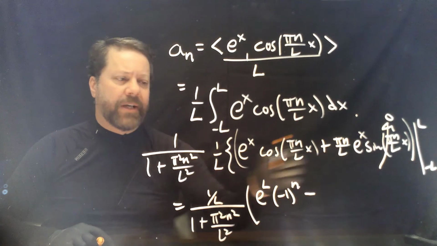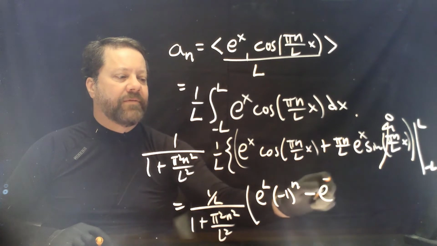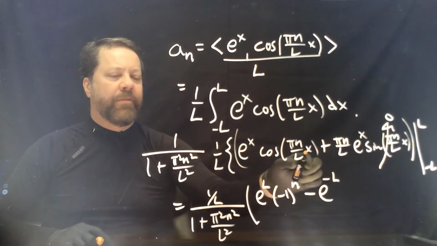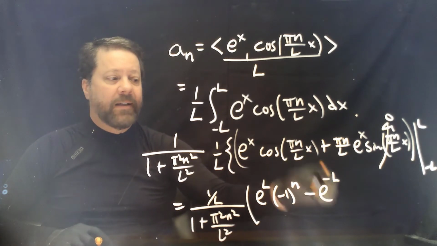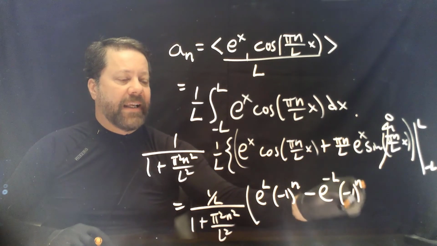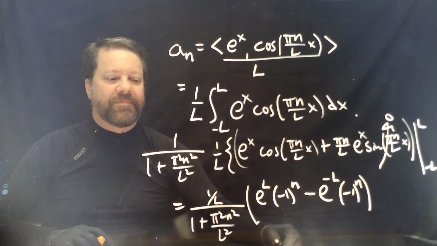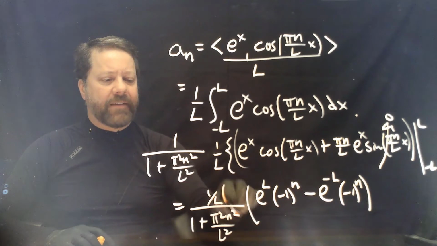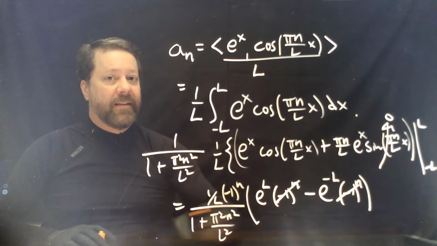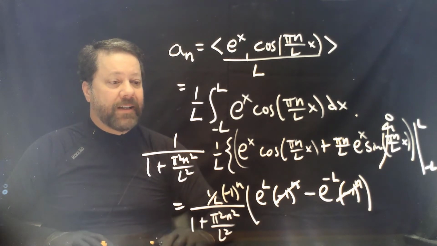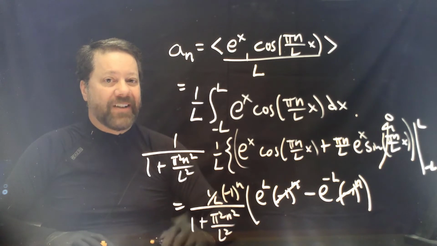We subtract what you get when you plug in negative L. If you plug in negative L for the cosine, the negative will go away, and you'll end up with negative 1 to the n again. So clearly you can factor out a negative 1 to the n, and I don't know about you, but it feels like a hyperbolic sine coming on here.